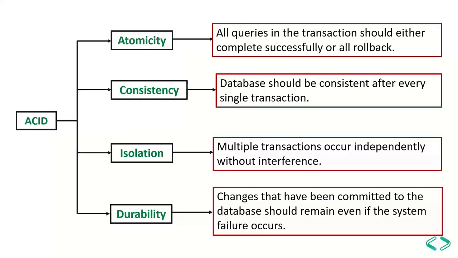For example, let's take a stored procedure and we have two operations inside that particular stored procedure, an update statement as well as an insert statement in it. Whenever you execute that stored procedure, both the operations inside that transaction should either complete successfully or none of them. For example, if the update succeeds and the insert fails, then SQL Server should go ahead and roll back the entire transaction. That's atomicity.